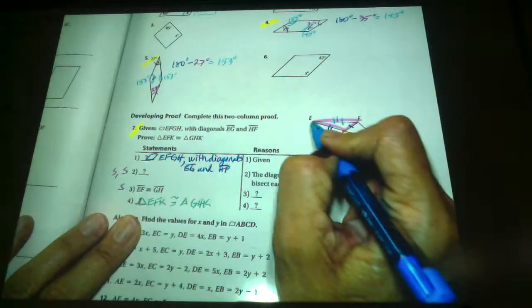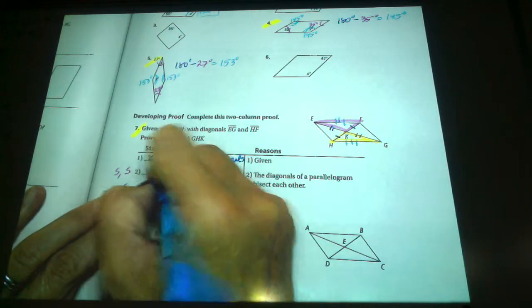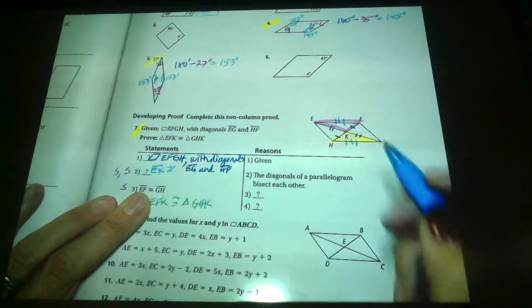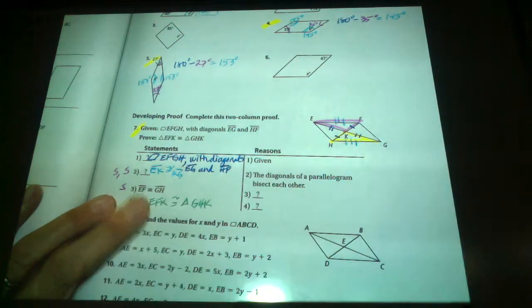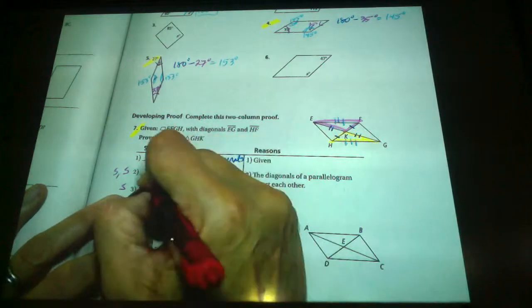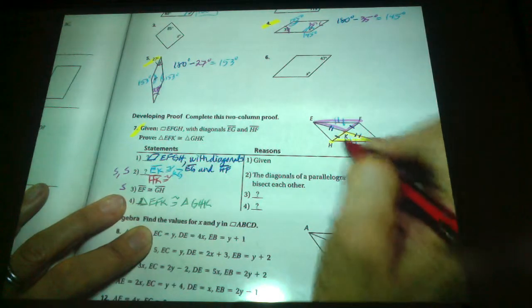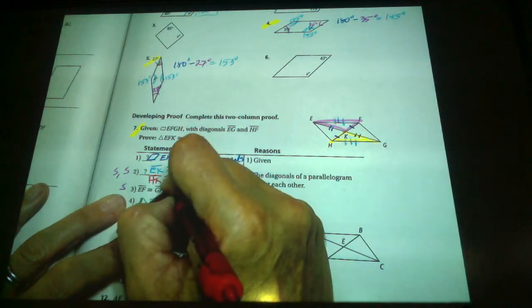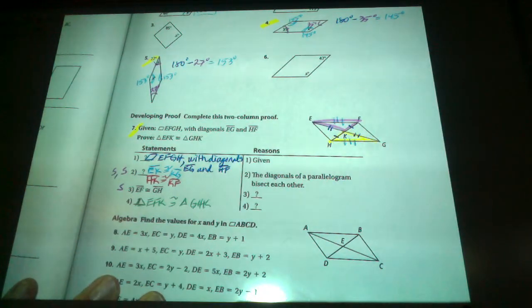So segment EK is congruent to segment KG, and segment HK is congruent to segment KF. That gives us our side.